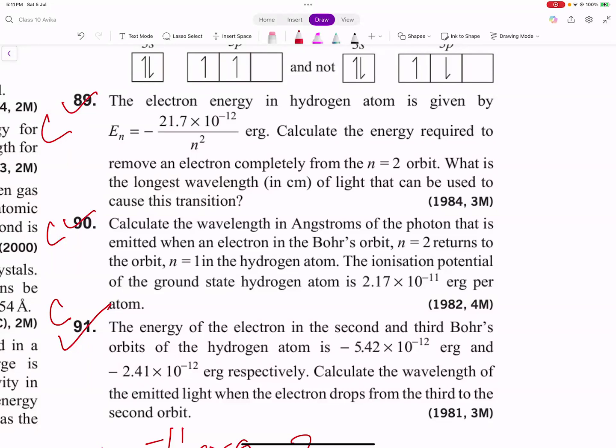From meter, you can go to centimeters, multiply by 100, right?